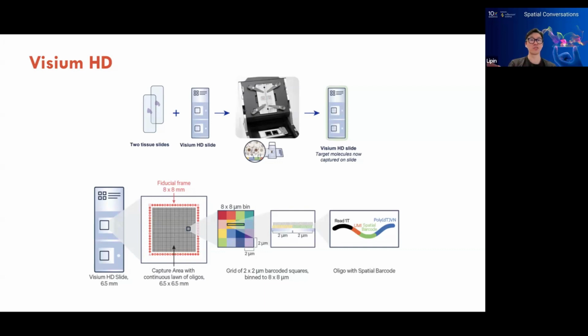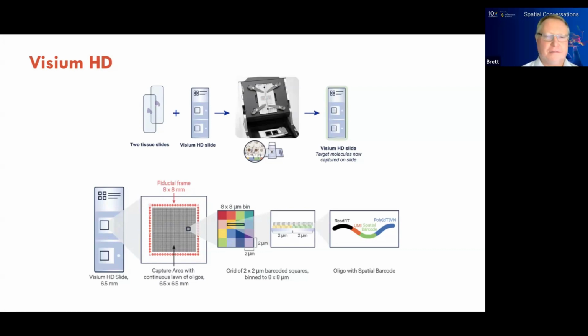But using now CytAssist, you can just put your tissue on a regular SuperFrost slide, and then you can do most of the workflow, like the staining, and then I think even the probe hybridization can be done on that prior to transfer. I could be wrong on that. That's right.